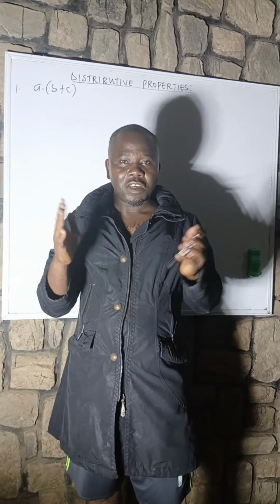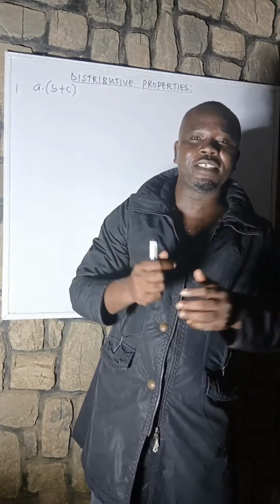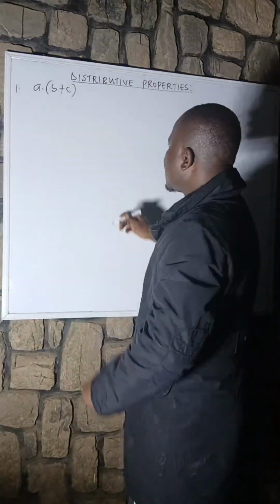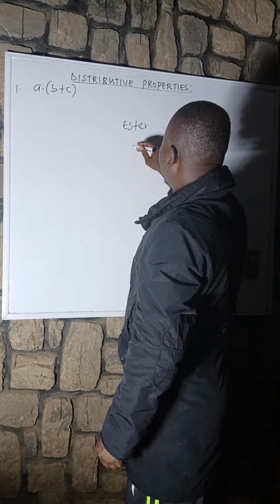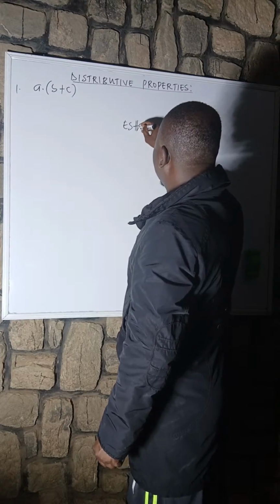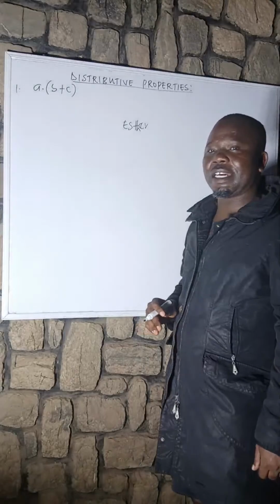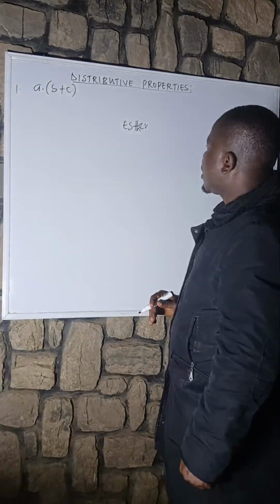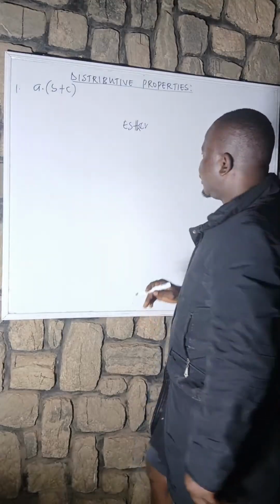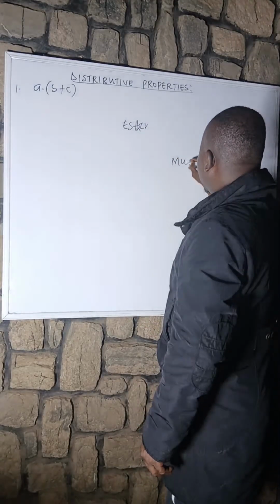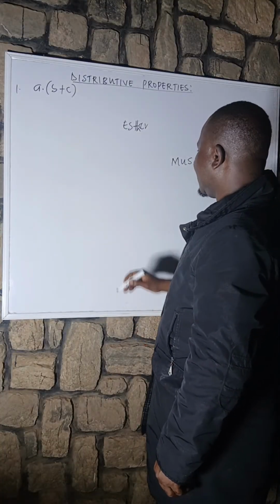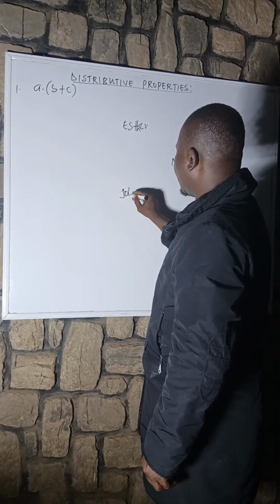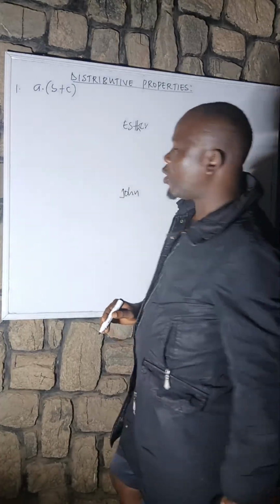Let us have Esther in our midst. This is Esther, right? Let us have Musa. This is Musa, right? Let us have John. This is John.